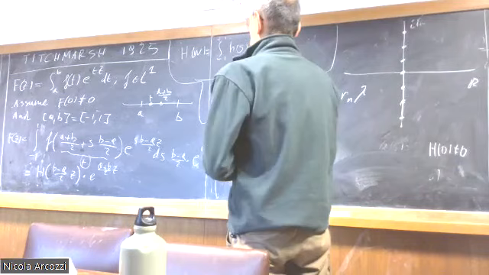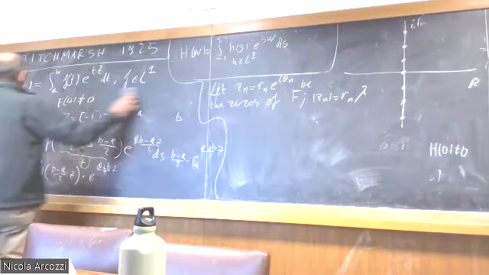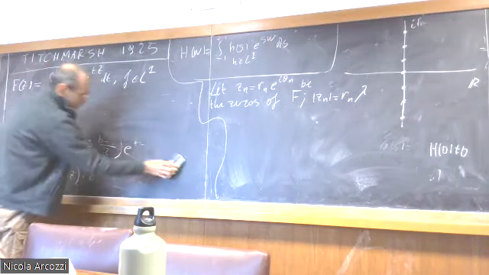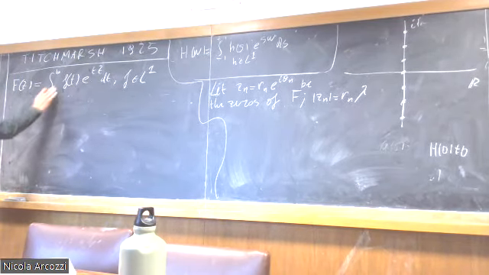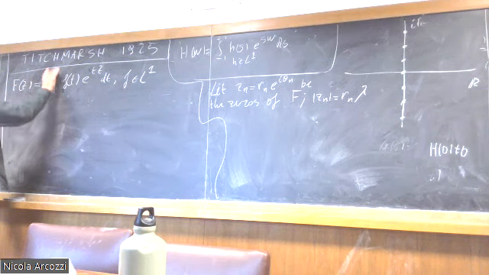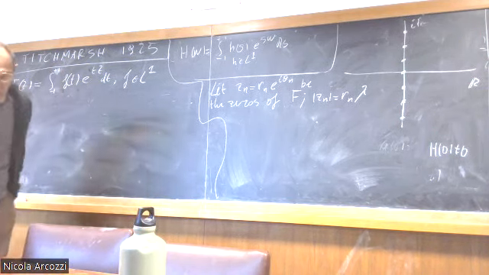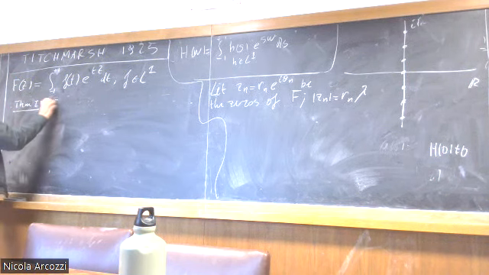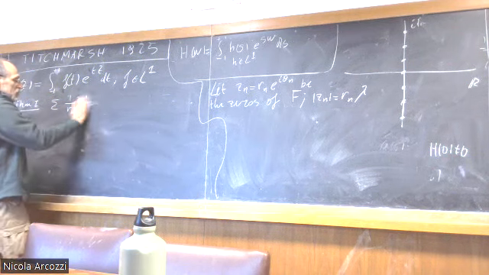So, what are the theorems? Theorem 1 is that the sum of 1 over r_n diverges.